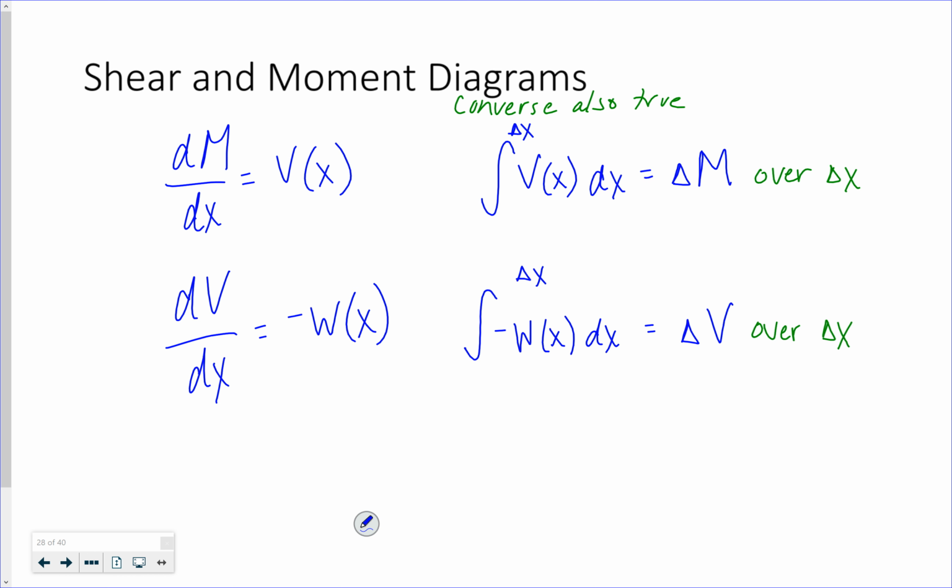So now we're going to work on building some shear and moment diagrams, and it'll illustrate these points visually for you.